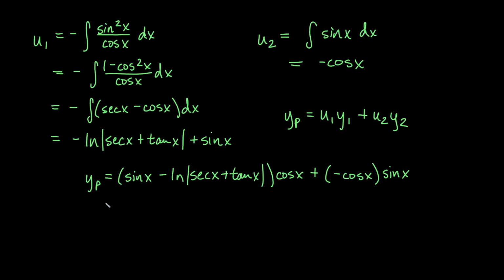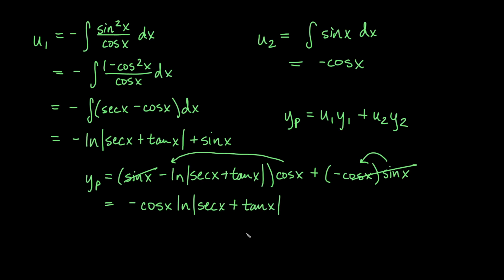And now notice we can do some simplifying here, right? If I distribute the cosine and multiply here, I get a sine x cosine x that's positive, and I get a sine x cosine x term that's negative. So really this is all going to drop off, and we'll just end up with negative cosine x times ln of secant x plus tan x. And that will be our y sub p.